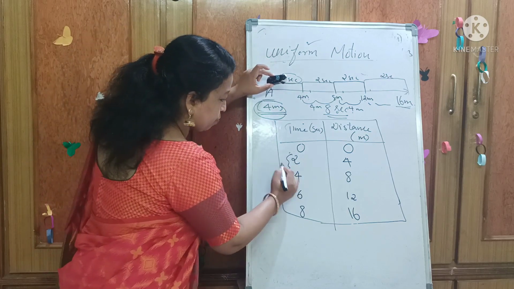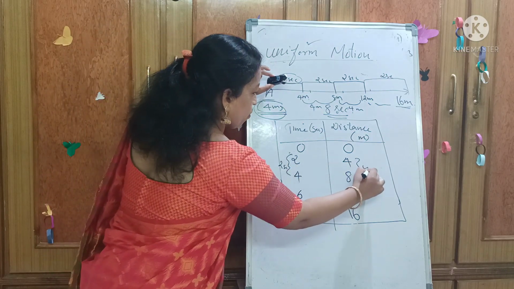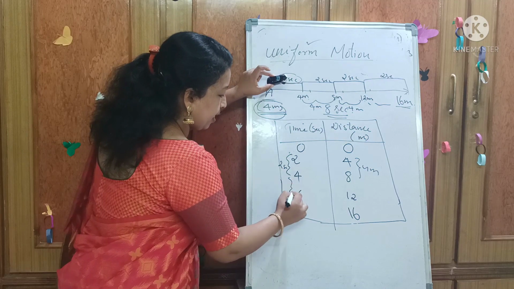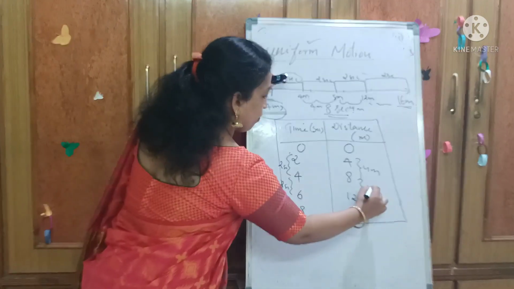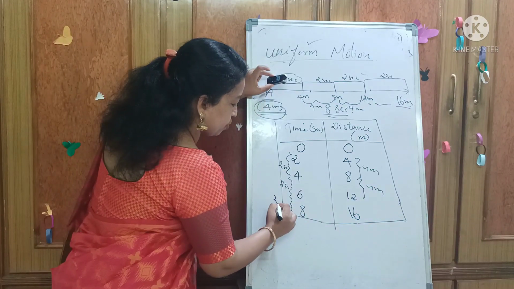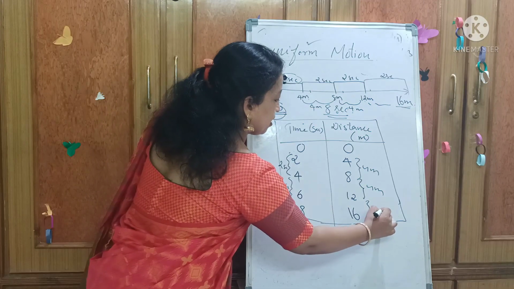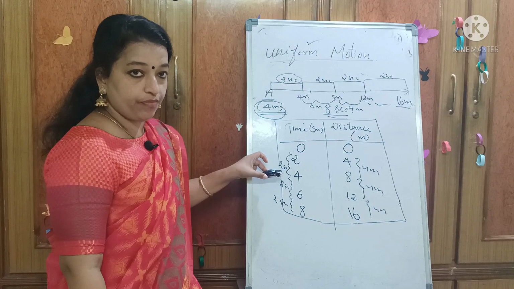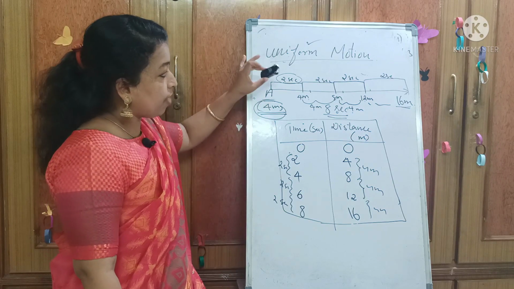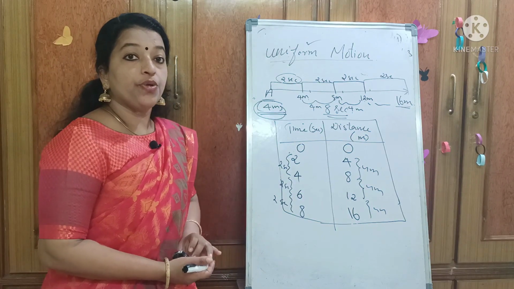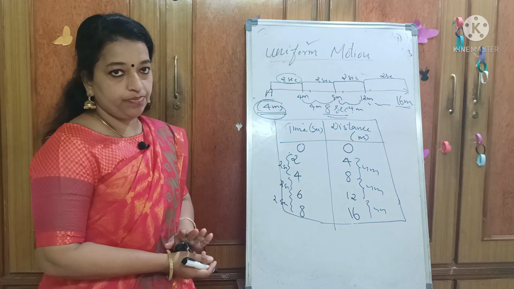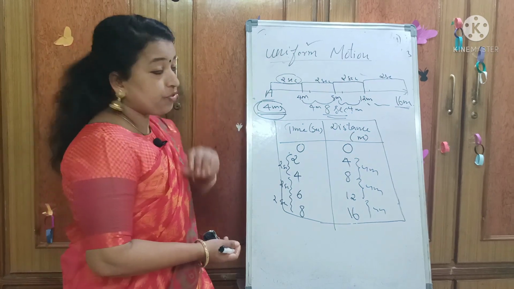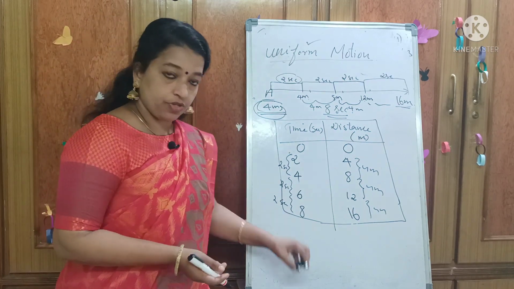Let us see the difference. 2 seconds, 4 meter. Here the difference, 2 seconds, 4 meter. Here the difference, 2 seconds, 4 meter. Equal distance in equal interval of time. Such type of motion we call uniform motion. Understood?